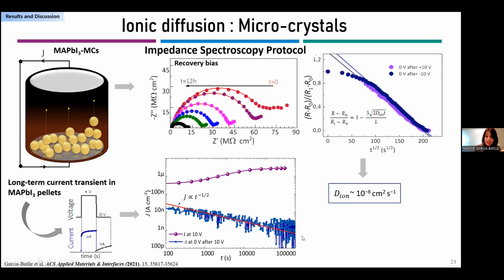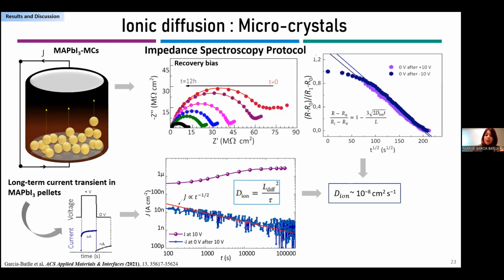It's very noisy because it was almost at the limit of the instrument. But as we can observe in this plot, this kind of pattern, where current is proportional to the square root of time, is again a diffusive pattern. This has been reported before, and from here we can extract again the diffusion coefficient, and again we found that it is the same as those diffusion coefficients found in our impedance measurements.